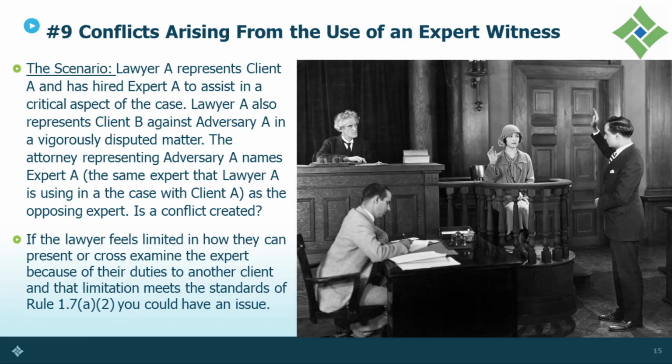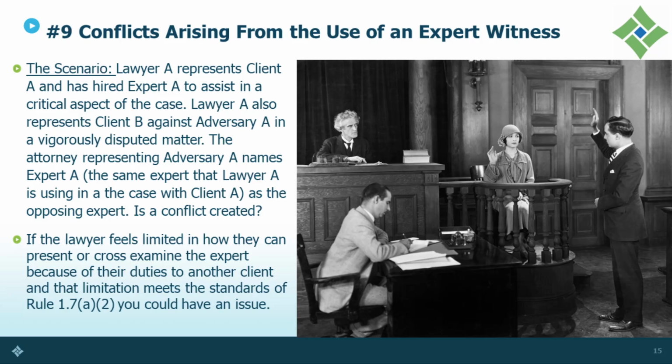But I think it illustrates that second part of Rule 1.7 that we've discussed. Yeah, and this illustrates the idea that it really does take some analysis because there are very few blanket answers in this field. This scenario of all scenarios shows how it could go a lot of different ways depending on very specific facts.